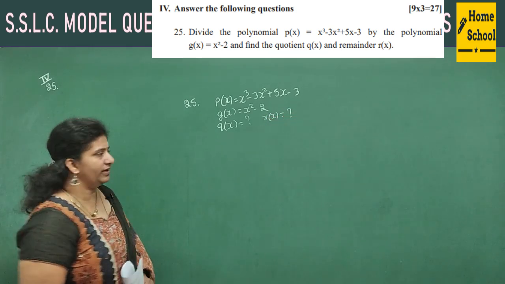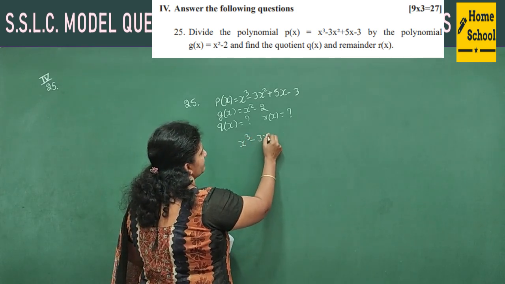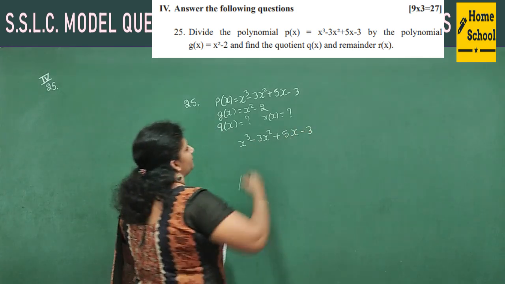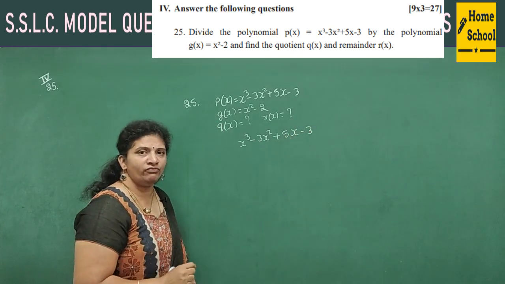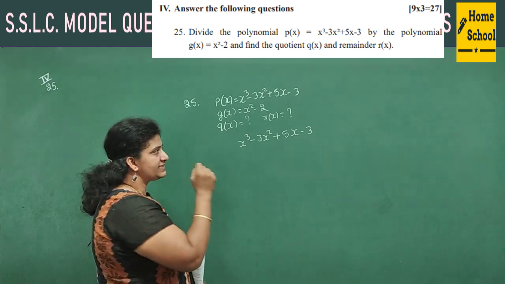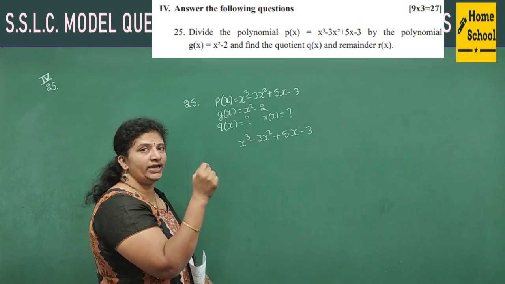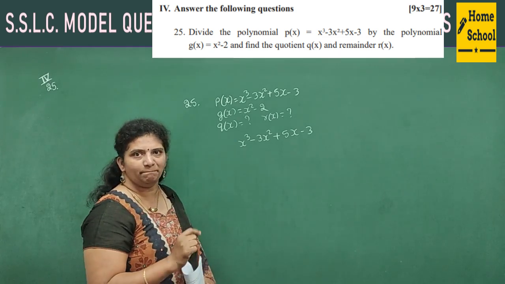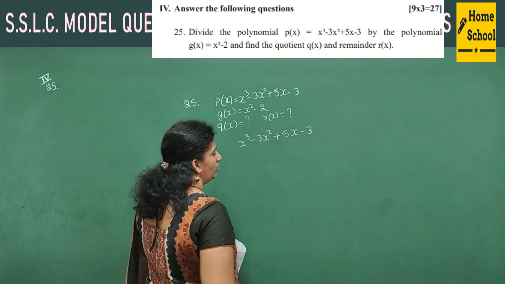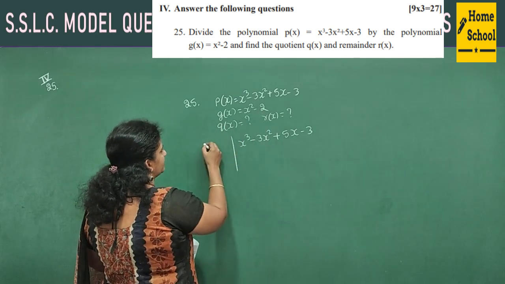Let's do the division of polynomials. x cube minus 3x square plus 5x minus 3. When you are doing division of polynomials, you need to observe the powers. If you see any missing powers, you need to add 0 into x power that number, right? So here 3, 2, 1, 0 order. So let's divide this with g of x.